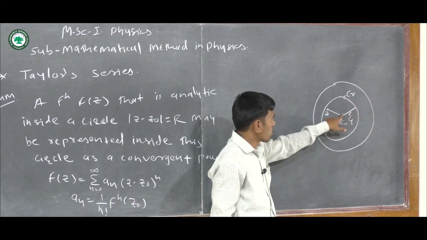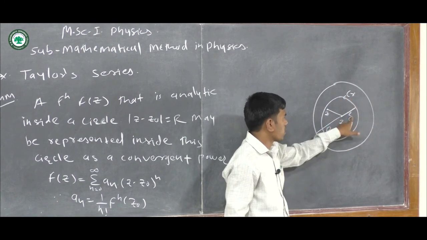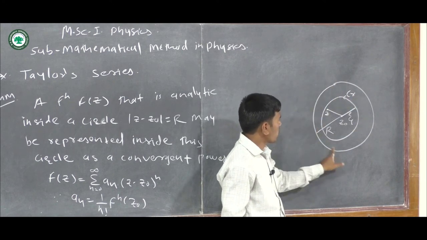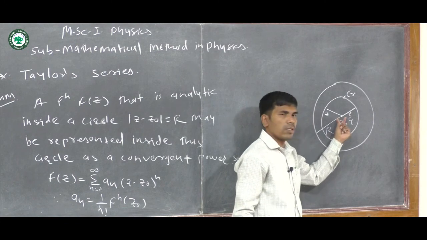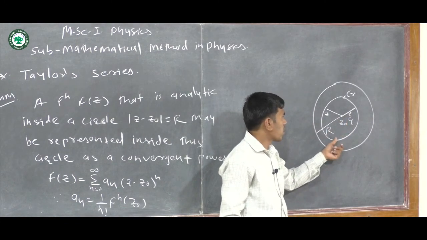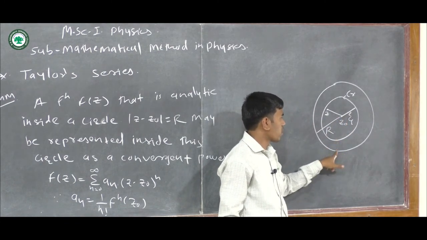The radius of this circle I take as psi. This closed loop I name CR, where R denotes the radius of this circle, psi, and the radius of the domain is capital R. Here z0 is the center of both the loop CR and the domain circle.